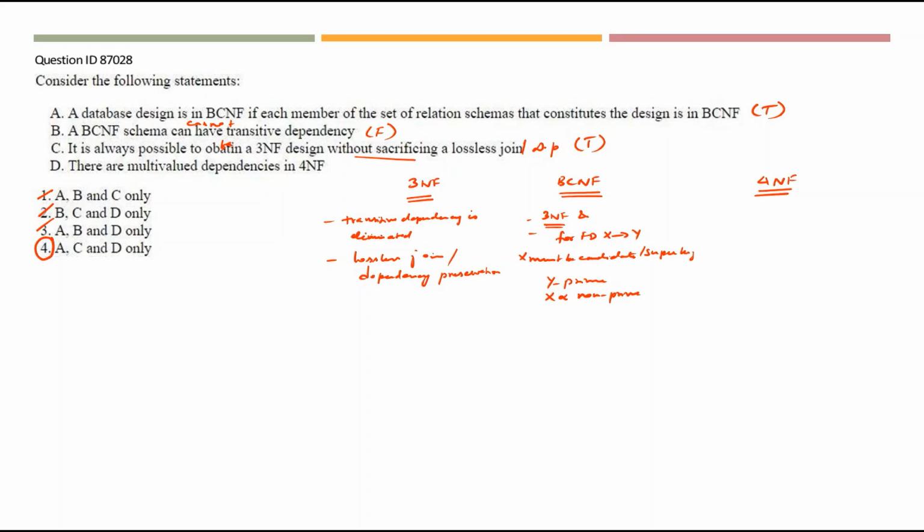Next statement, there are multi-value dependencies in 4NF. In second normal form, we eliminate partial dependencies. In third normal form, we eliminate transitive dependencies. In that case, multi-value dependency can be removed by 4NF.